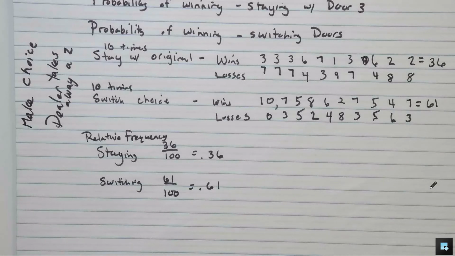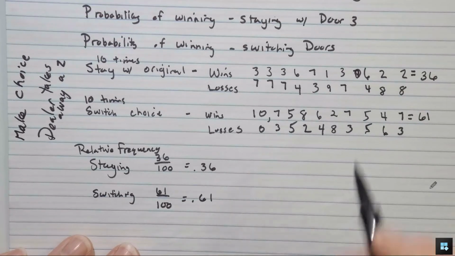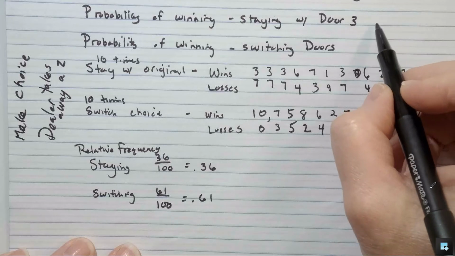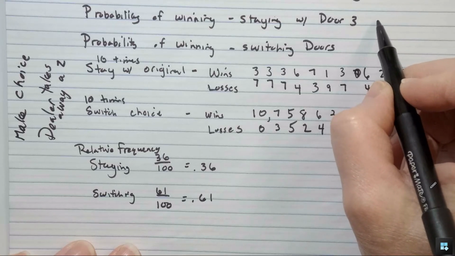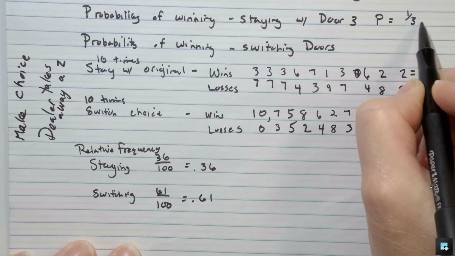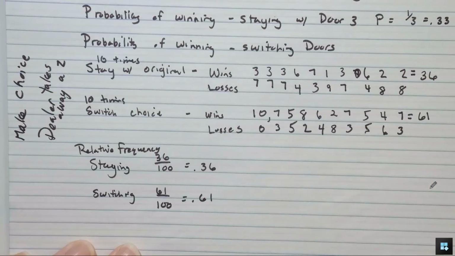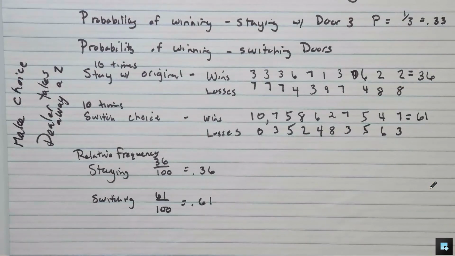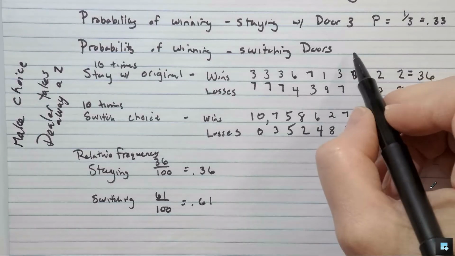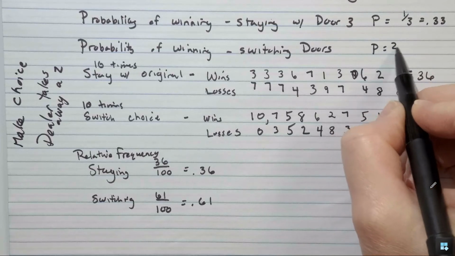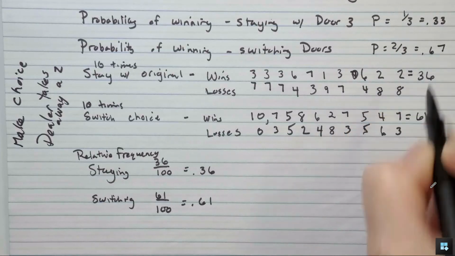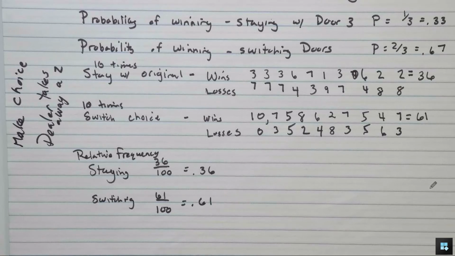The actual probability of winning when you stay is 1/3, or 0.33. So our relative frequency in our experiment came out pretty close to what the probability predicts. The probability of winning when you switch is 2/3, 0.67. And again, our relative frequency came out pretty close to the probability.